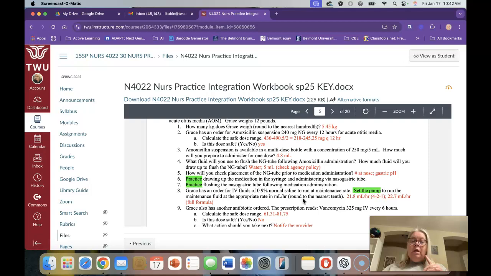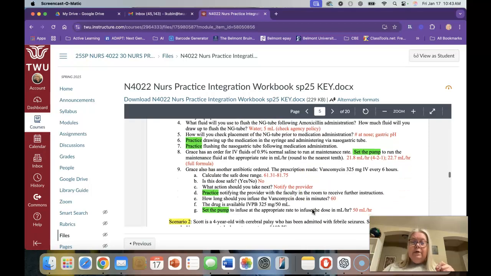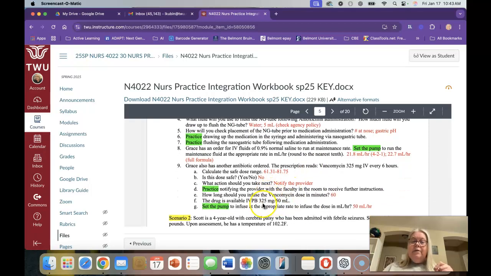I think I did mention this, that for the medications they're giving here, for example the vancomycin, this concentration is not in the drug library of the pump. So when they're setting up these scenarios, they'll just be setting them up as basic infusions, not using the drug library.